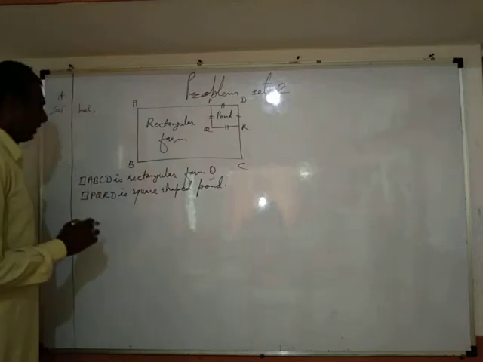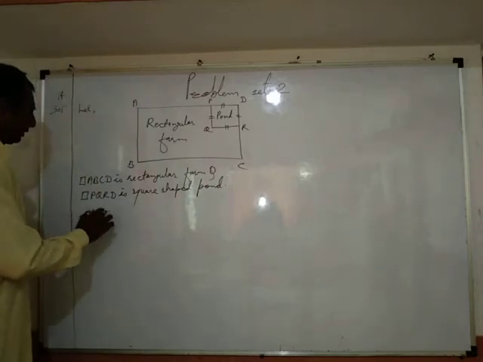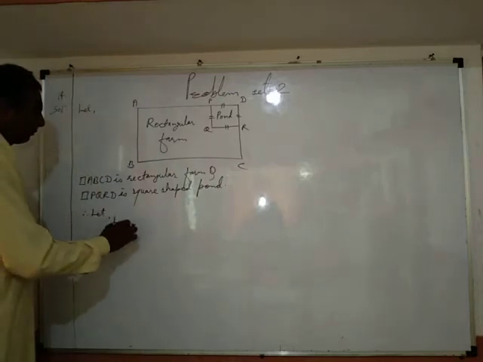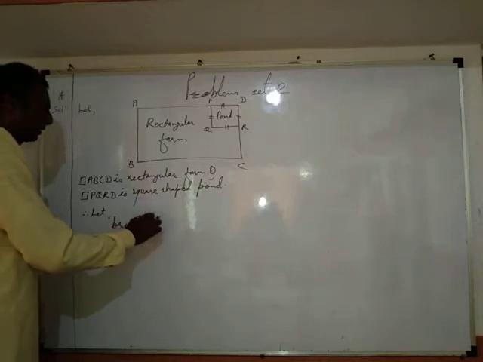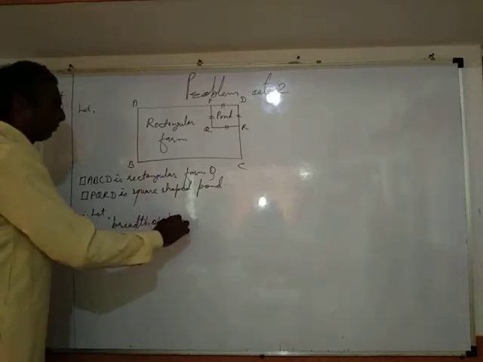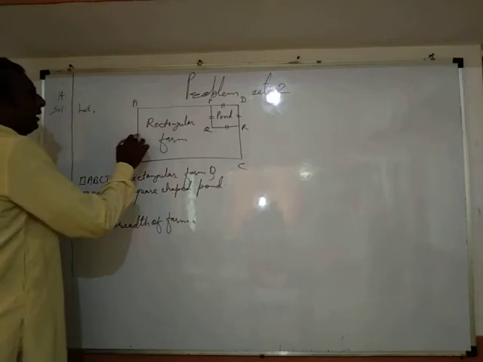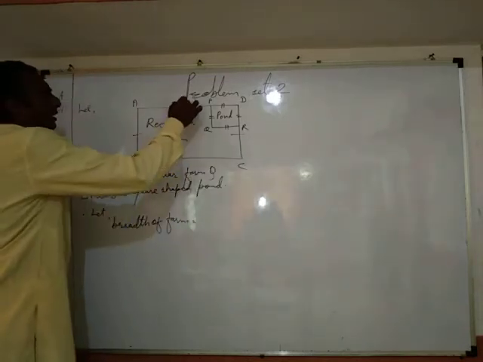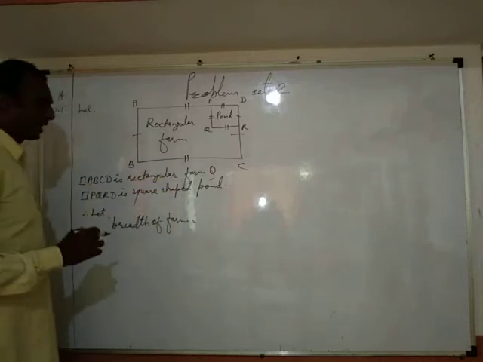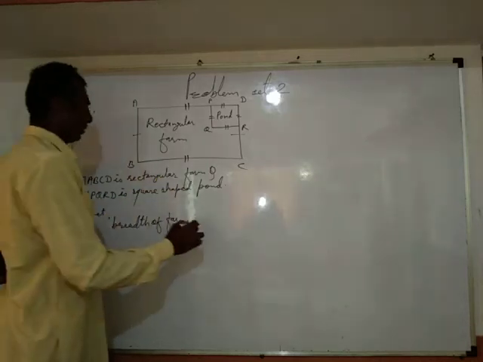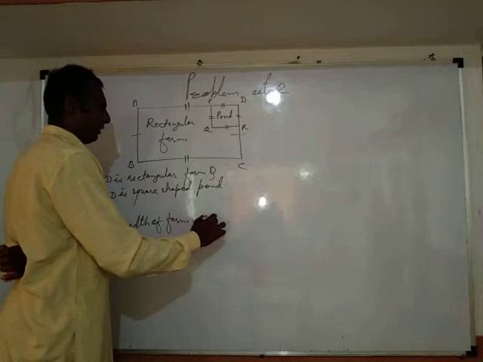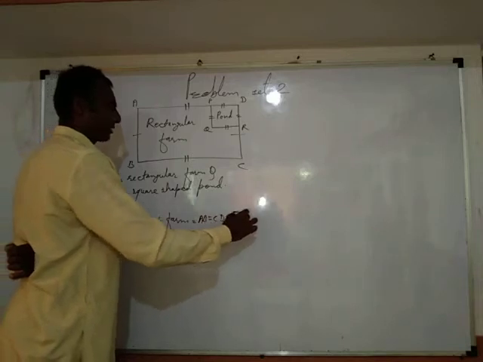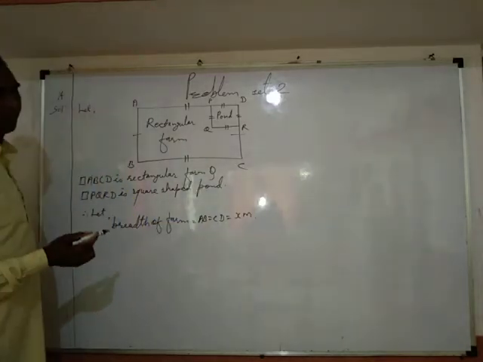Okay, and therefore let breadth AB equals CD equals x meter, and length AD and BC are lengths.